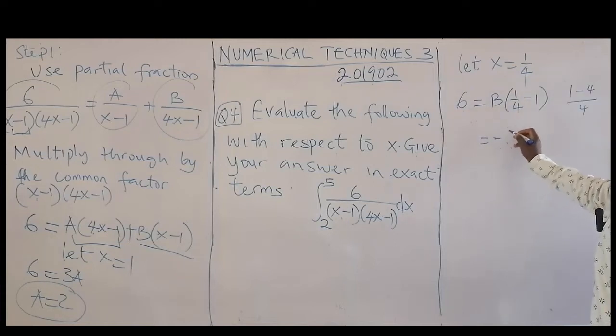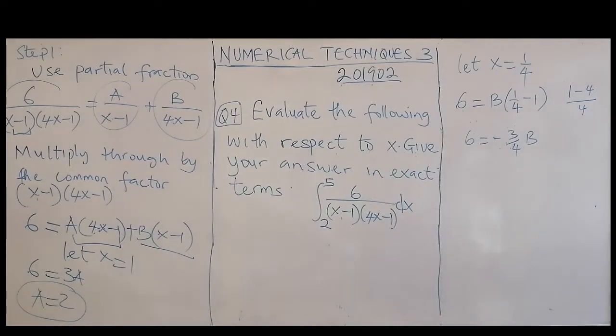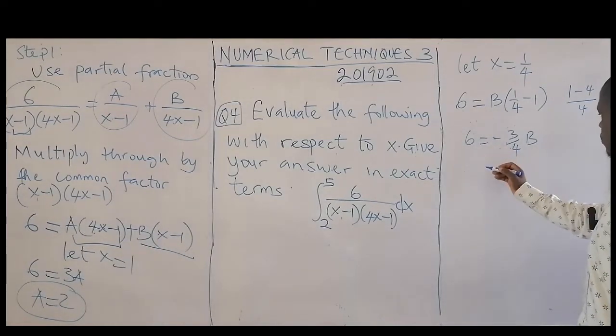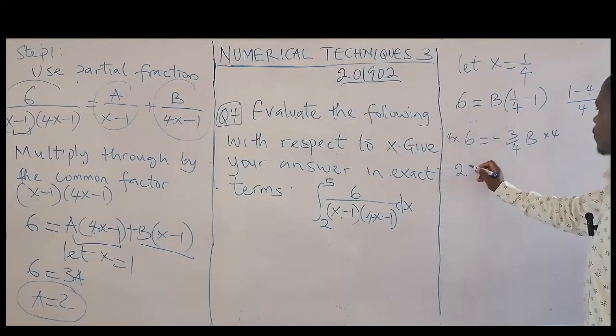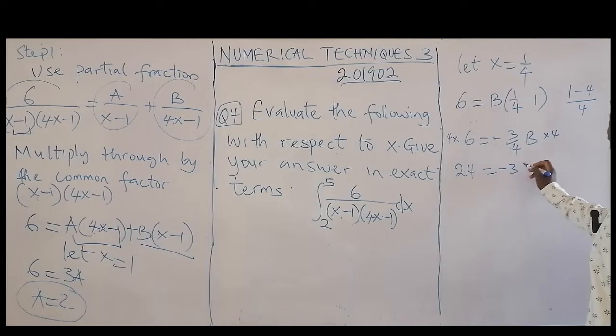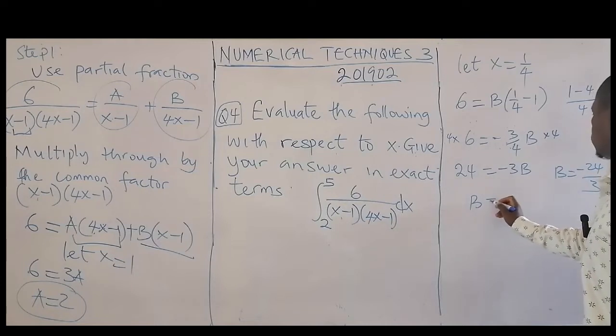That's minus 3 over 4 B equal to 6. Cross multiply, so this place times 4 times 4. That will be 24 equal to minus 3B. So B is minus 24 over 3. So B is minus 8.